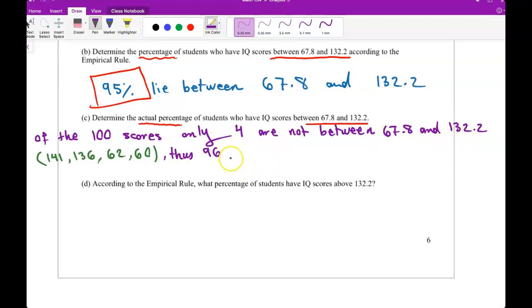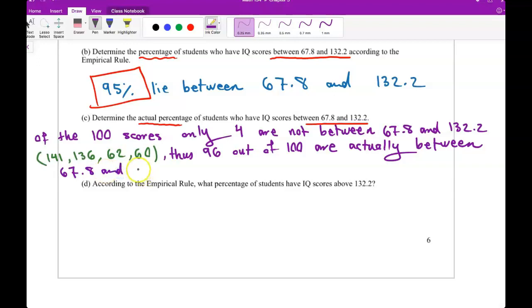The percentage for this part will be 96%, because 96 out of 100 are between. The answer is 96%.